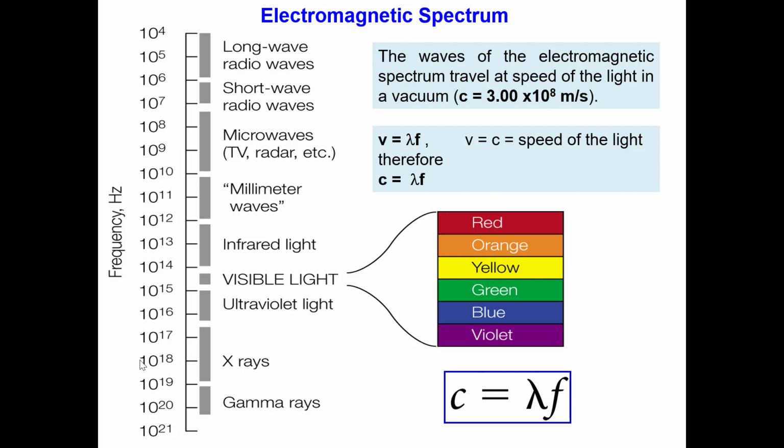For any wave belonging to the electromagnetic spectrum, we can use this equation to solve problems. The speed in empty space or in air is the same value: the speed of light is 3.00 × 10^8 meters per second.